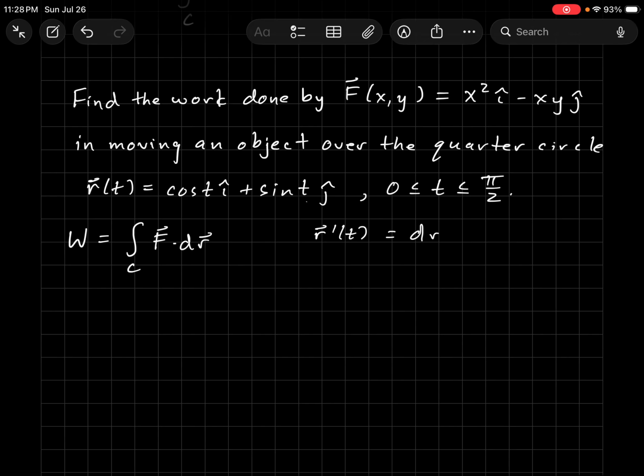Right, which is dr over dt. Or dr is r prime times dt. And we'll make that substitution in just a bit. But this is why we need to find r prime. So r prime is going to equal negative sine t i plus cosine t j. This is our r prime vector.